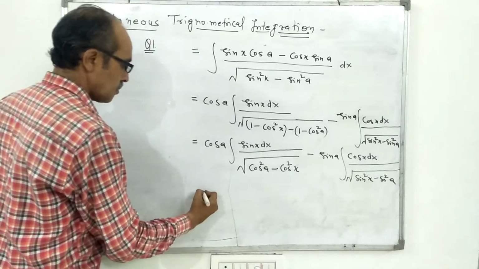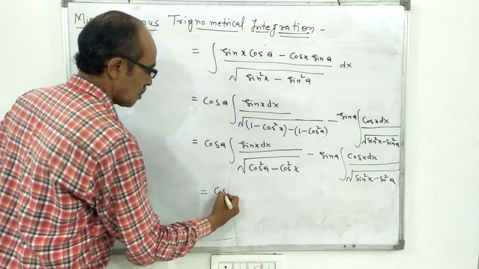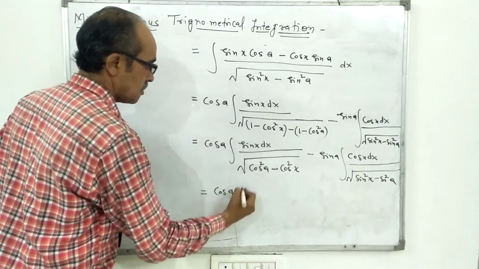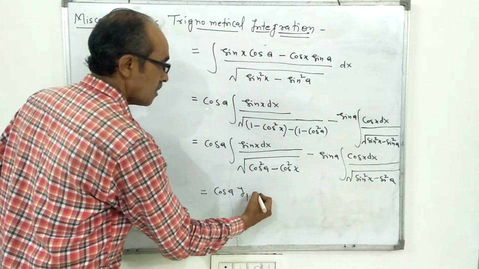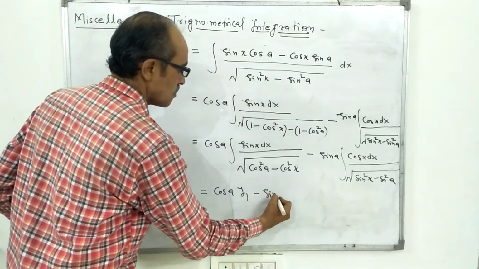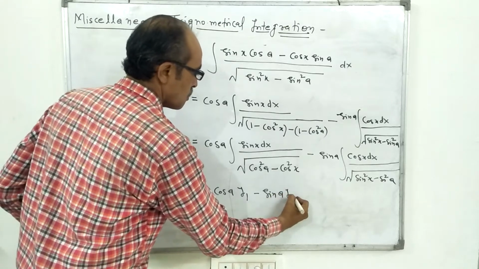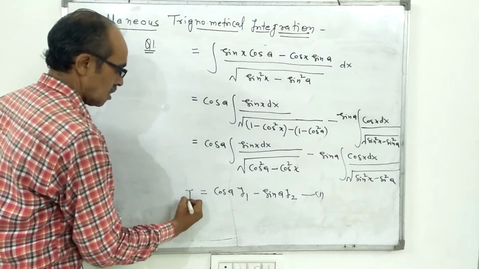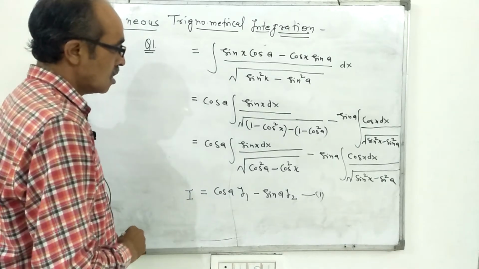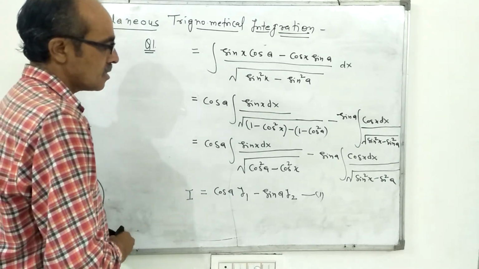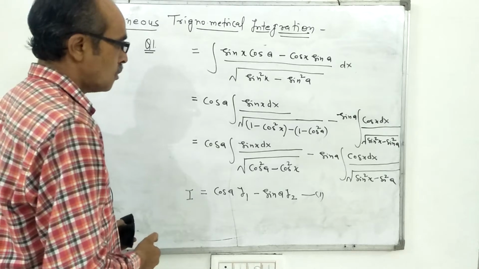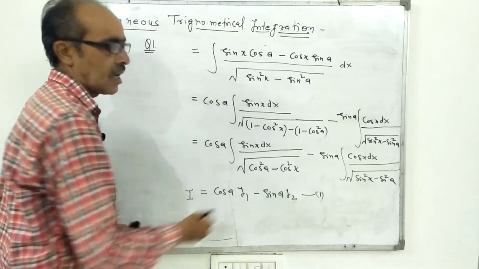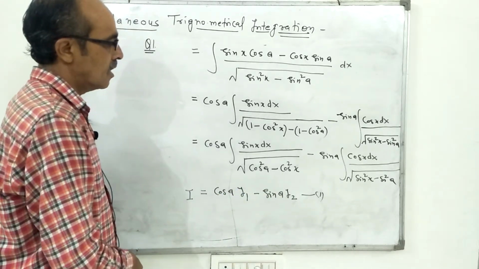Let the first integral be I1 and the second be I2. This is our equation number 1: the integral I is equal to cos a I1 minus sin a I2. Now we solve I1 and I2 separately.